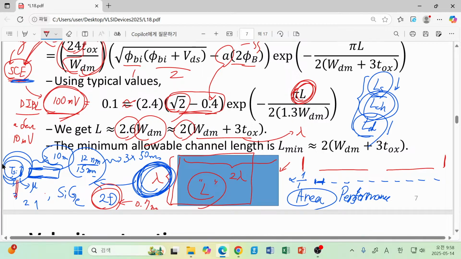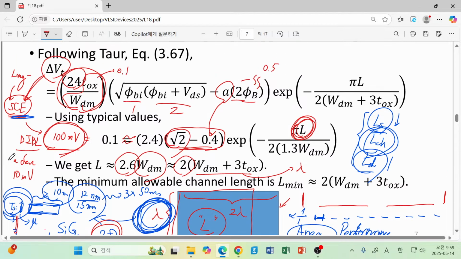If we ask our engineers why they are trying to do that, and we ask this question again and again, then the eventual answer will be this slide. The minimum length is 2 times lambda.